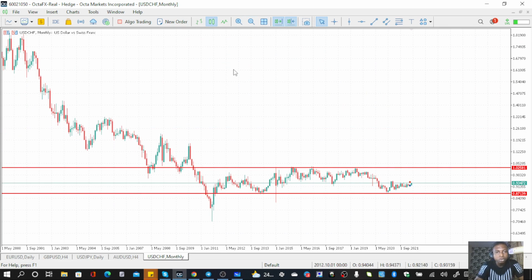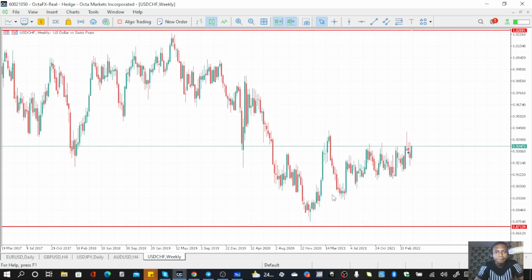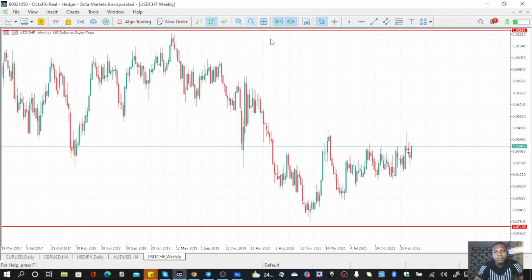Now, let's go to the weekly time frame. On the weekly time frame, it's still within that range, with no clear direction, but creating some lower highs to the upside. So we might want to watch out for this by marking out this territory.